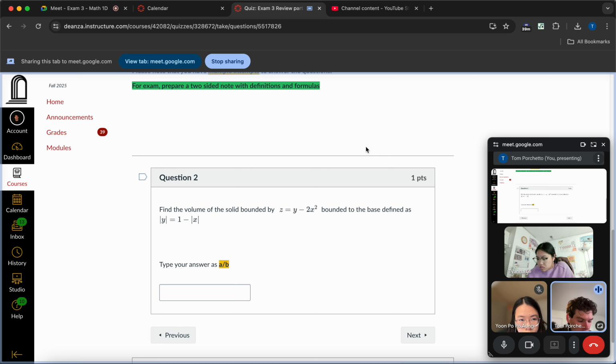So we can define D as the set of (x, y) such that the absolute value of x plus the absolute value of y is less than or equal to 1.